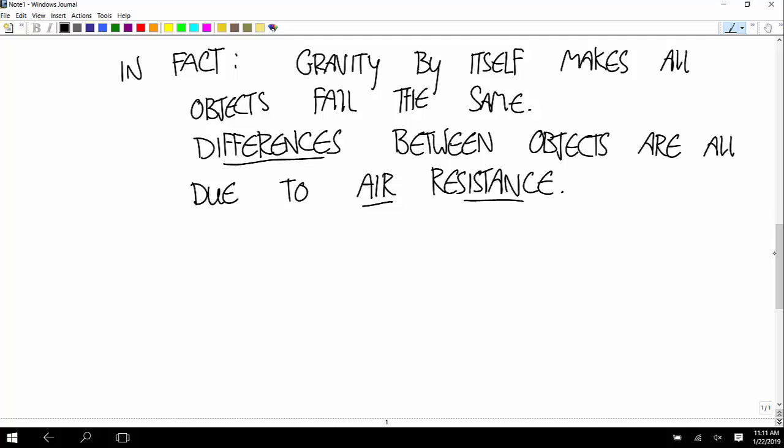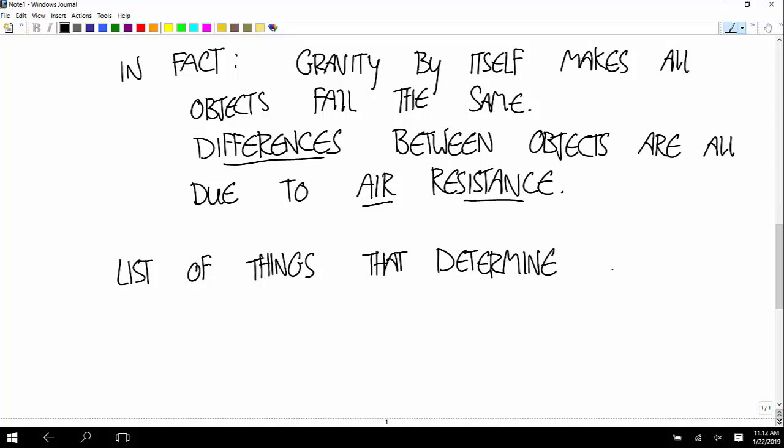So why does air resistance treat different things differently? Here's a list of the things that determine how much air resistance affects motion.